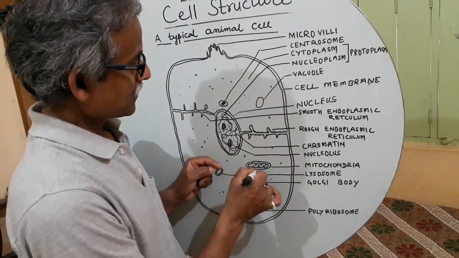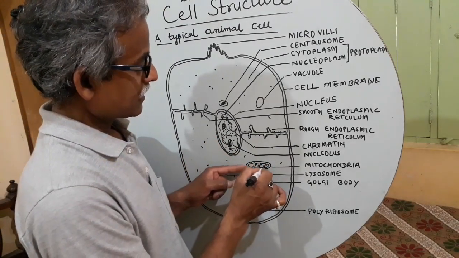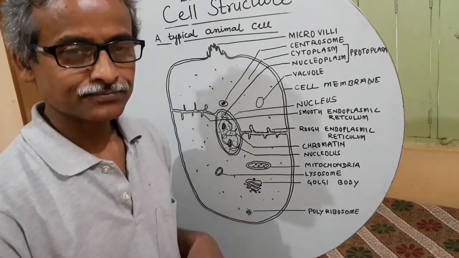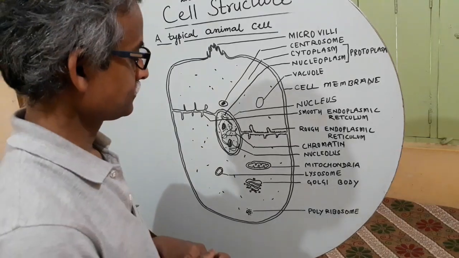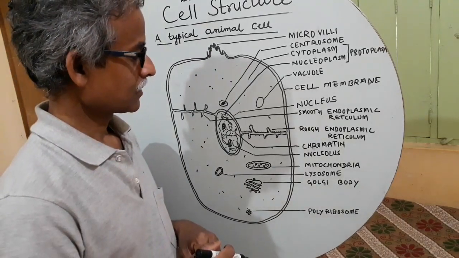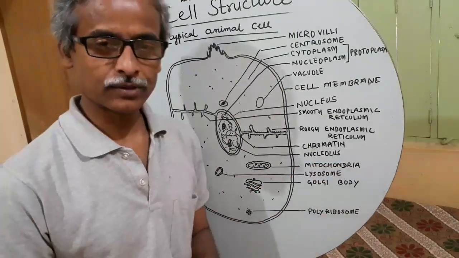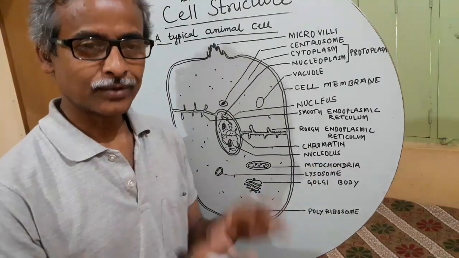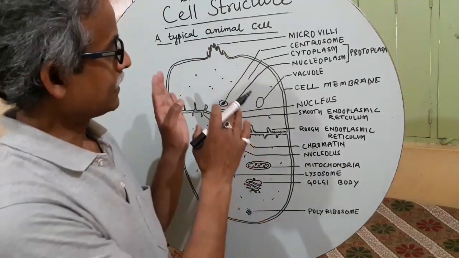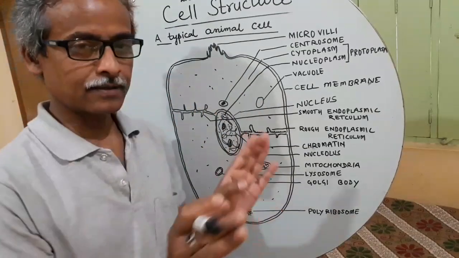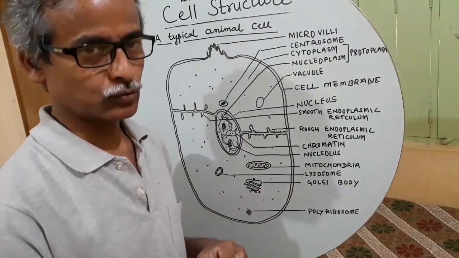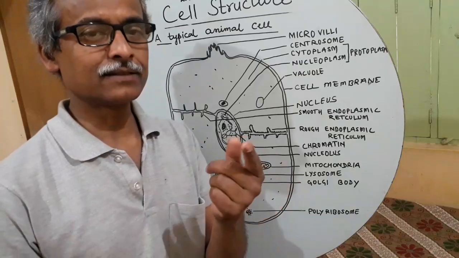There is a sausage shaped structure that is called mitochondria. When we see a cell under a compound microscope, it looks just like a rod.